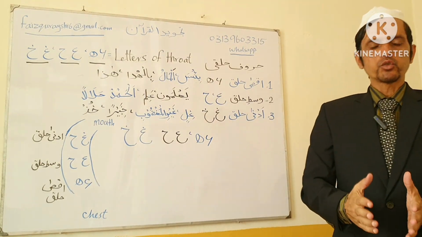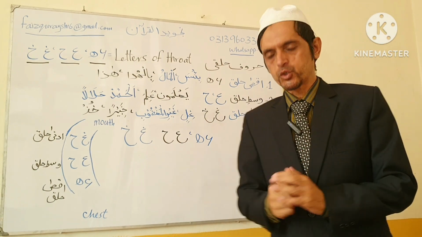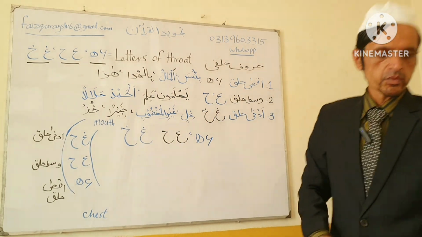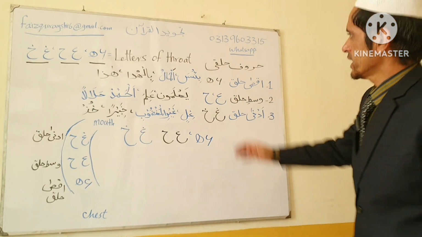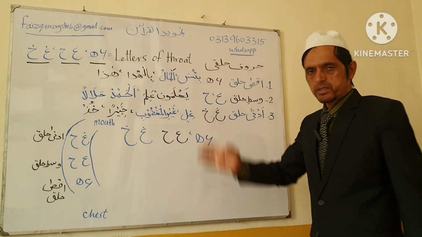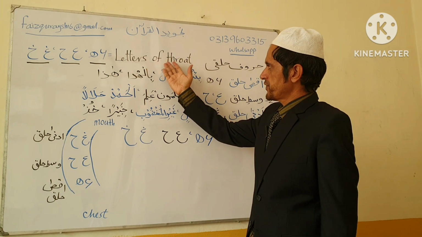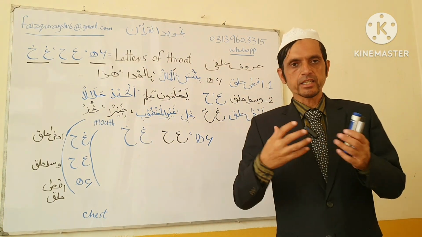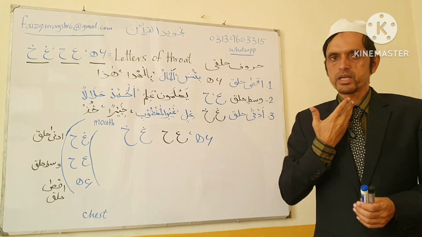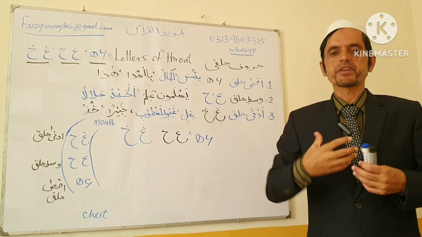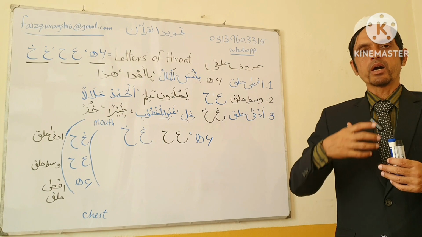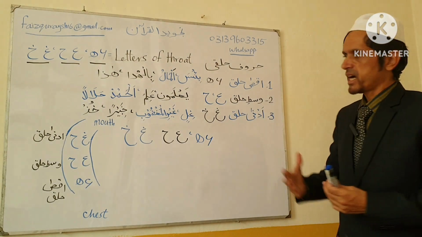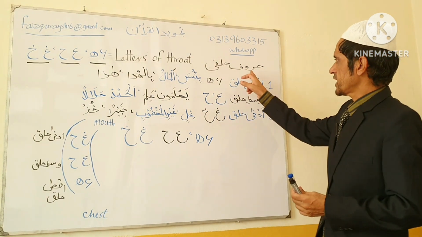Today I'll teach you Hurufi Halqi in Tajweedul Quran. Hurufi Halqi means letters of the throat. Those letters which are articulated from your throat, or produced from your throat, or you can say come out of your throat, are called Hurufi Halqi.